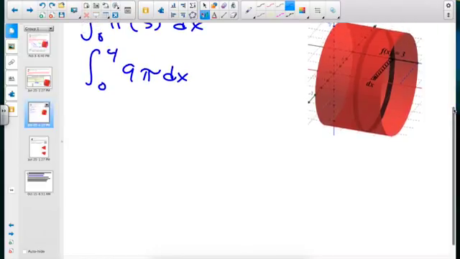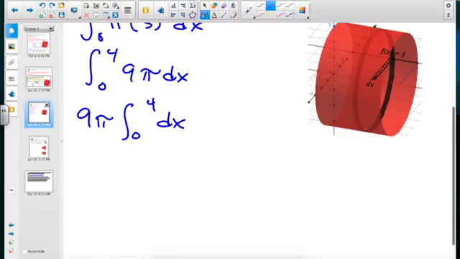So what can we do with it, right? Because 9 is a constant, represents the radius squared. Pi is a constant. What can we do with a constant when we integrate? Yeah, bring it outside. So really, what are we integrating here? When you integrate 1 dx, what do you get?